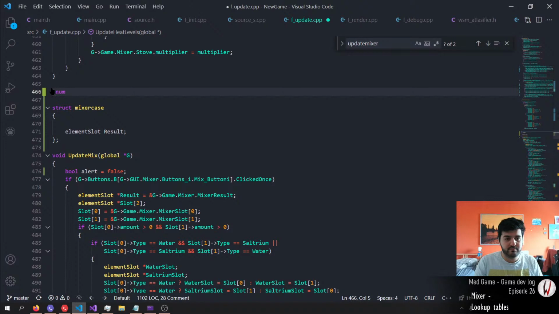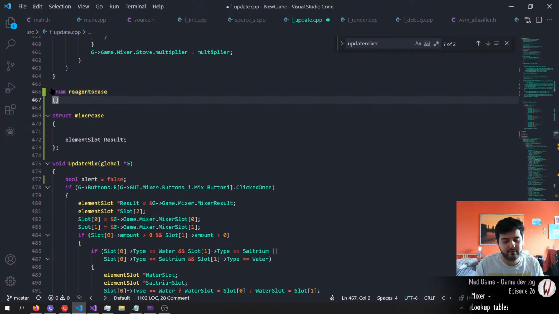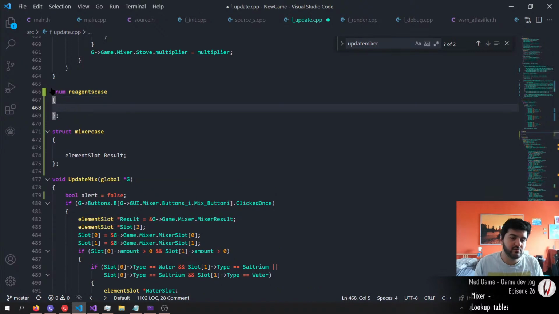So enum reagent case, reagents case, and it will have, let's start with one, which is water, saltrium.